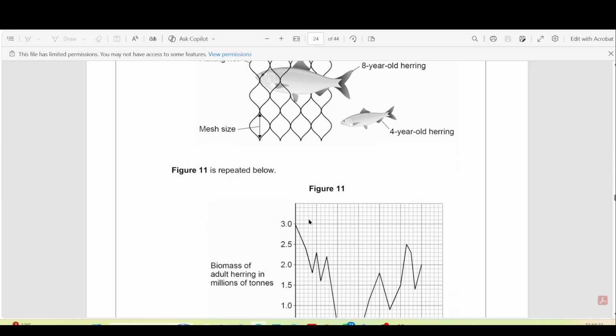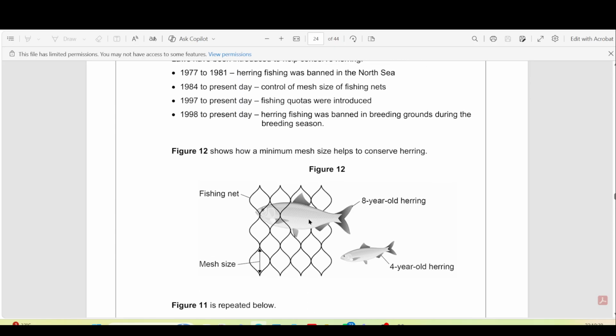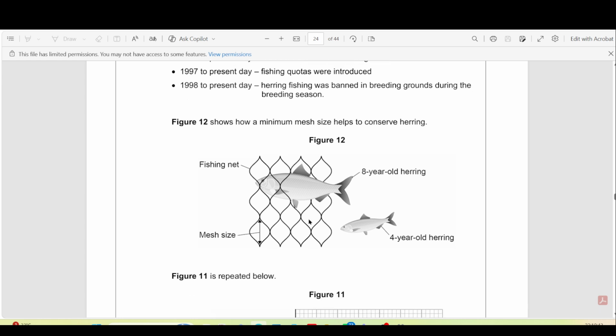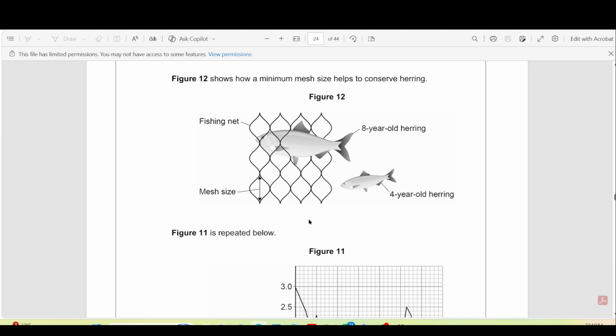Larger mesh size allows younger herring to escape while catching older fish.